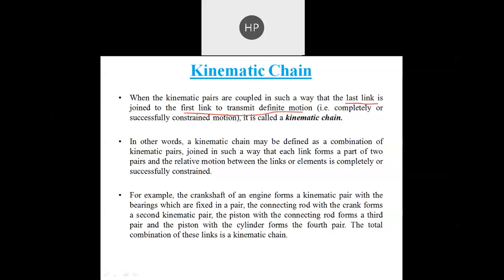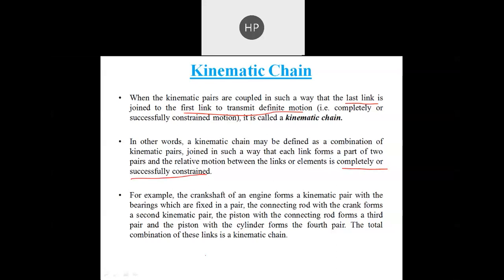A kinematic chain may also be defined as a combination of pairs joined in such a way that each link forms a part of two pairs, and the relative motion between the links or elements is completely constrained. Then we are going to get certain work. That's why it is termed as a kinematic chain.